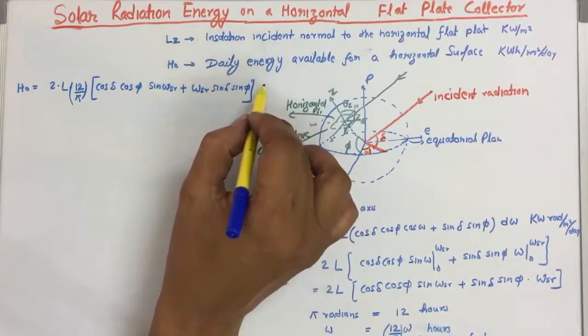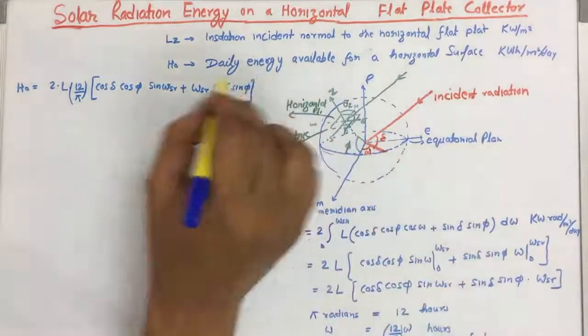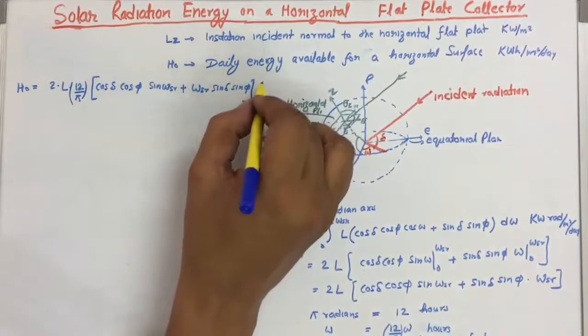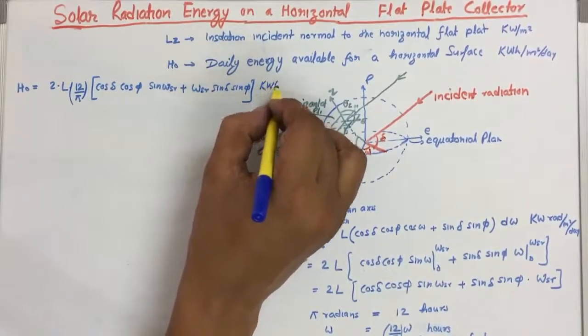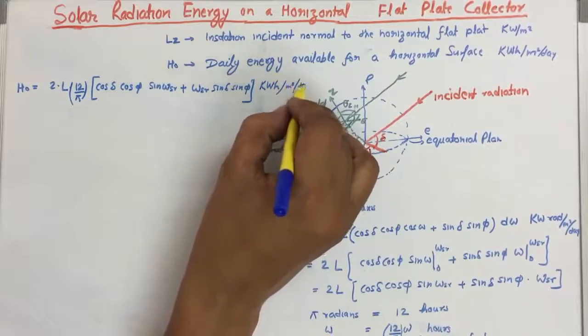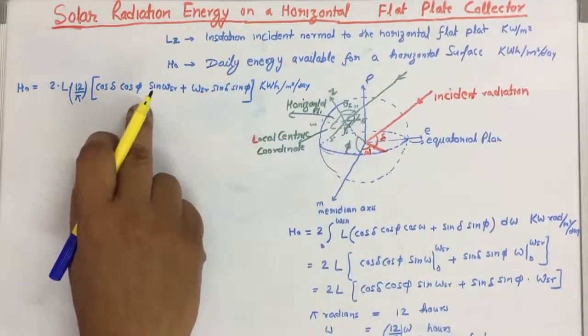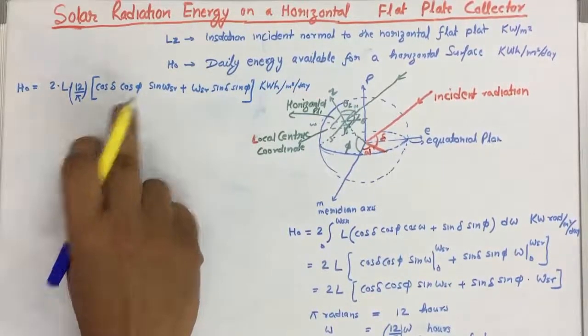Here the unit will now change from kilowatt radian. Due to this factor, it will be kilowatt hour per meter square per day. So this is our final requirement. Let us continue with this.